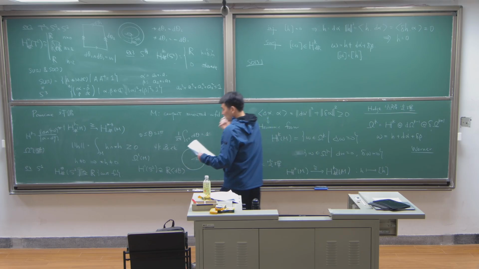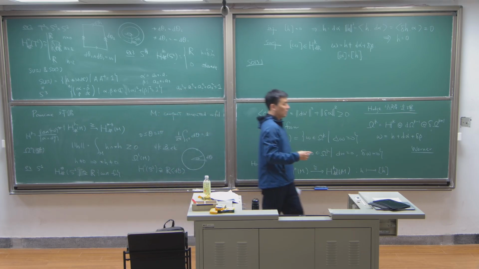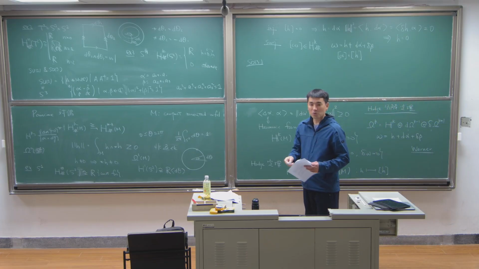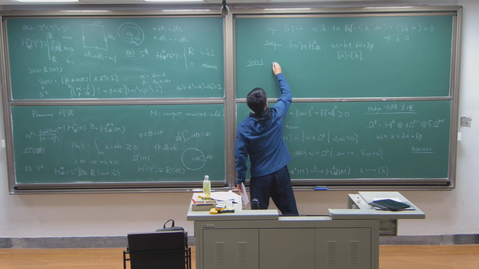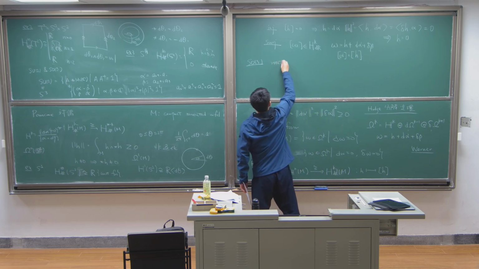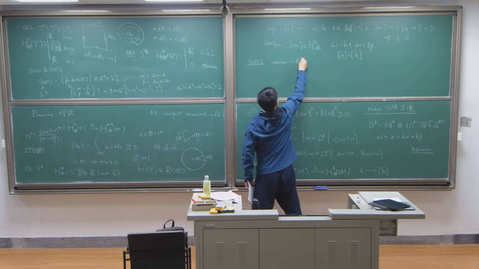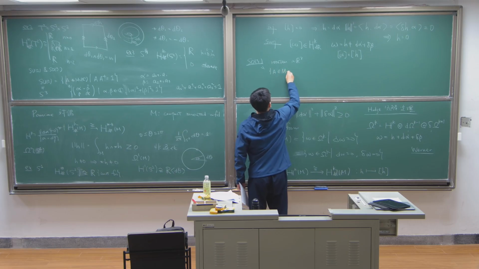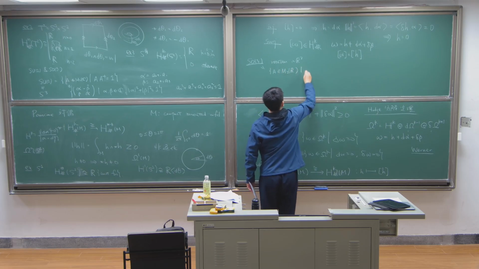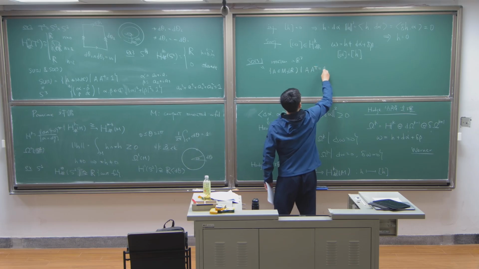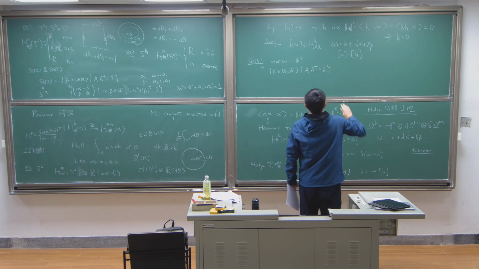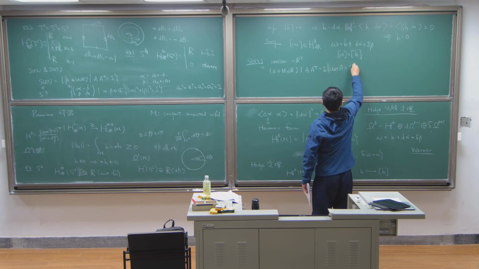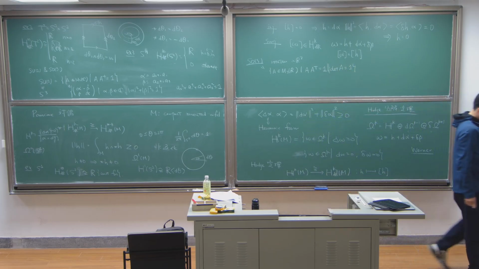Then what is SO3? SO3 is the rotation group of R3, rotations in R3, and this can be defined as A in M3(R) such that A A transpose equals 1, and also determinant A is equal to 1. So that's the definition, in fact.